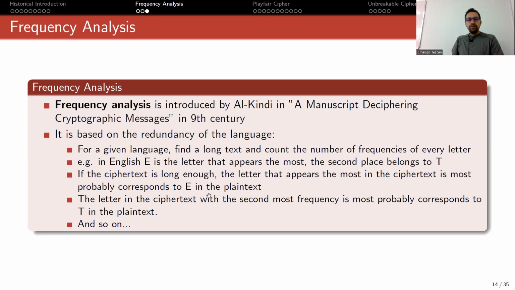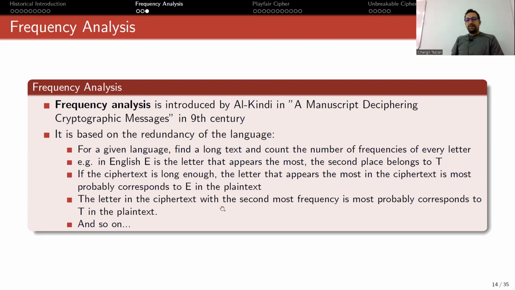Okay. So assume that it was written in English. If the ciphertext is long enough, the letter that appears the most in the ciphertext most probably corresponds to E. I say most probably because sometimes these statistics are close to each other, right? So you have to actually try one by one. Some people think that this directly works, replacing letters by letters. But actually, at the end, you have to do some manual computations.